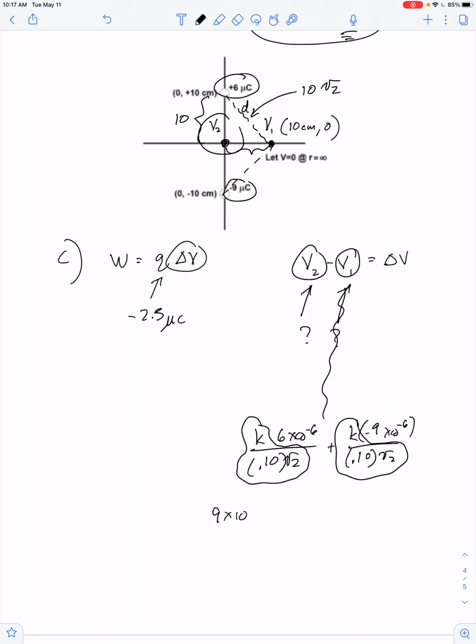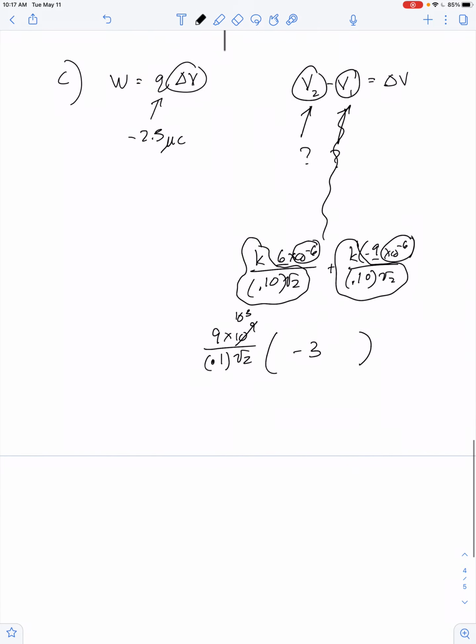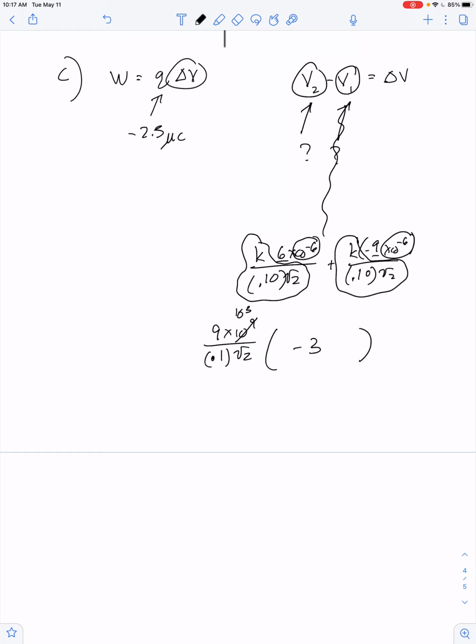So 9 times 10 to the 9th divided by 0.1 root 2, and I could also factor out the 10 to the negative 6th. When I combine that with 10 to the positive 9th, this becomes 10 to the 3rd. And then 6 added with negative 9 is just negative 3. So this all comes out to negative 1.91 times 10 to the 5th volts. That's the value of the electric potential at point 1.